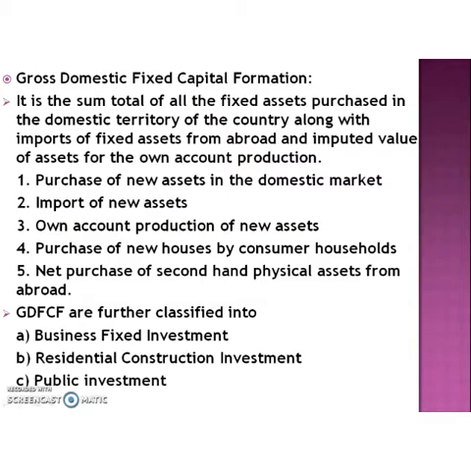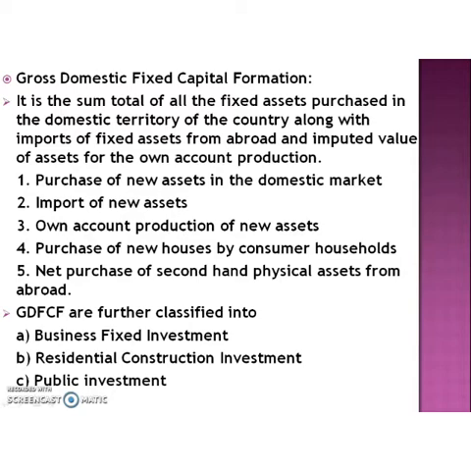It is a sum total of all the fixed assets purchased in the domestic territory of the country along with imports of fixed assets from abroad and imputed value of assets for own account production. So it includes purchase of new assets in the domestic market, import of new assets, own account production of new assets, purchase of new houses by consumer households, and net purchase of second hand physical assets from abroad.